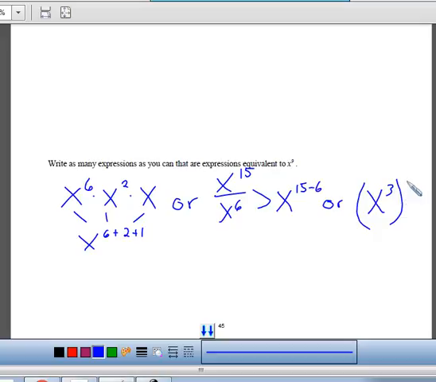So, if I'm going to raise that to a power and get x to the 9th, what do I do? Raise it to the... It is not 3 plus 3. When you raise a power to a power, that is going to be the exponents multiplied. Again, just like up above, do 2 more examples.